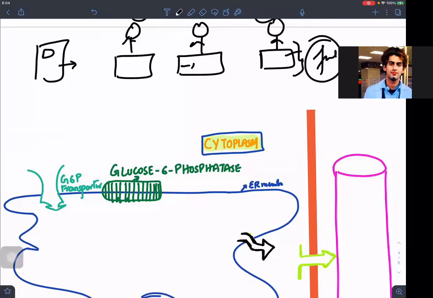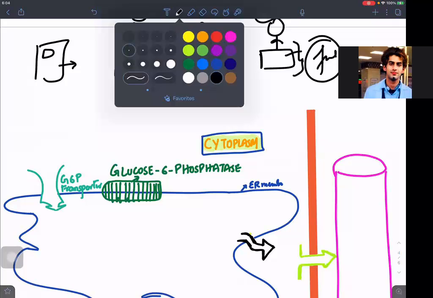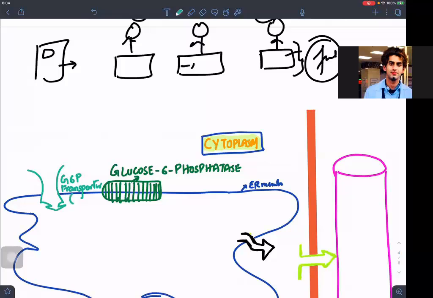Yes, we have a transporter, the G6P transporter, also called T1 transporter, G6PT1. This is the transporter through which your glucose 6 phosphate will come inside.